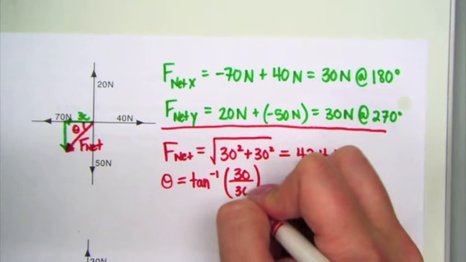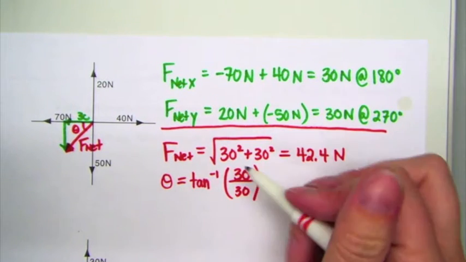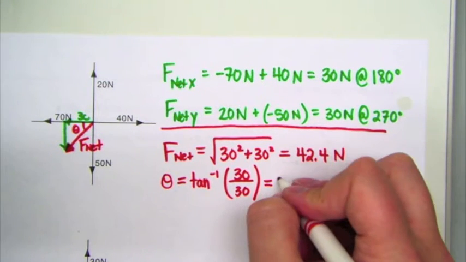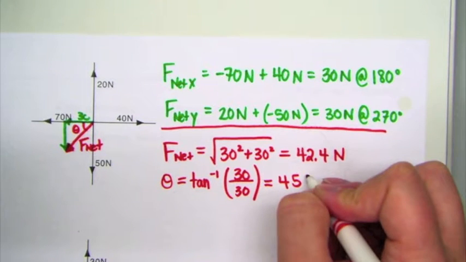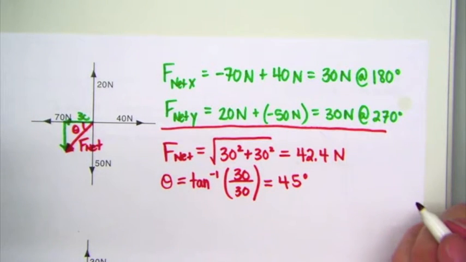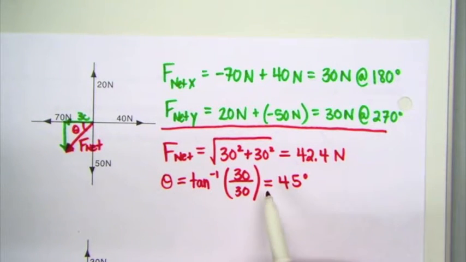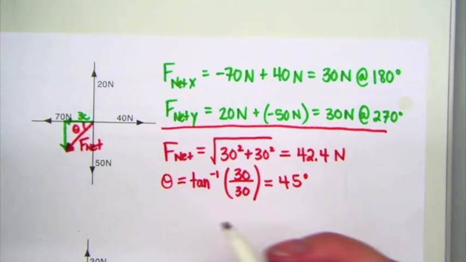Now, some of you may recognize, oh, this is an isosceles triangle. I know that means that the angles are both 45, and I don't have to do the math. That's totally okay. Great for you. Okay, the rest of us, we just plug in the formula.